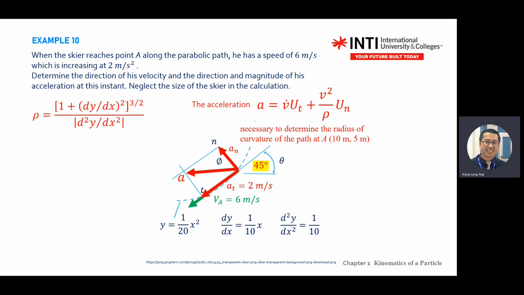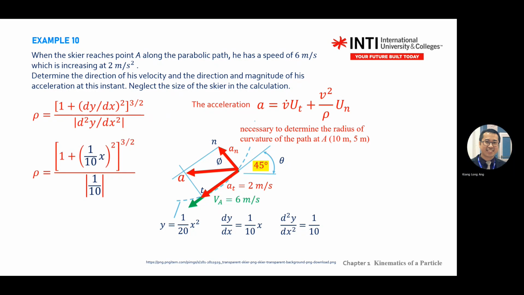So you pull back the curvature of the curve equation, or rho, you get this one. You already did the differentiation. You substitute inside. You simplify. You get one equation, because you still have x inside. Rho equal to something x.